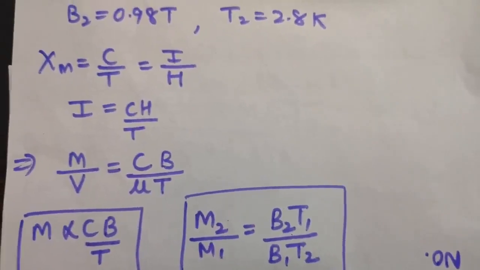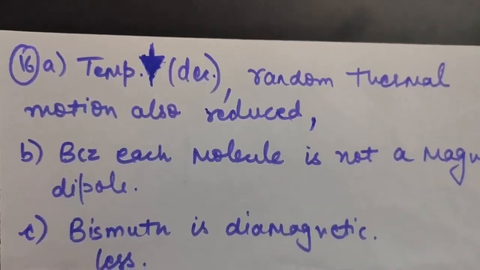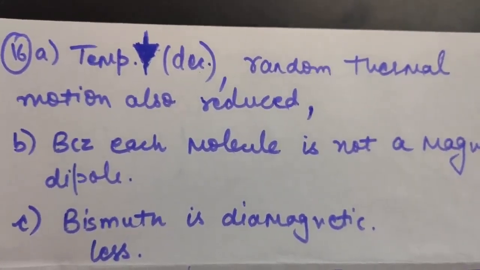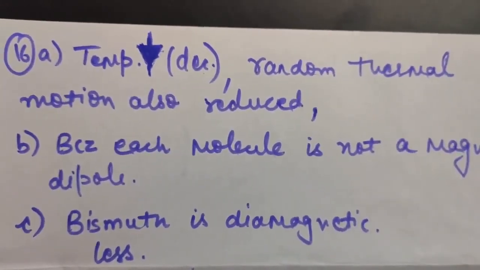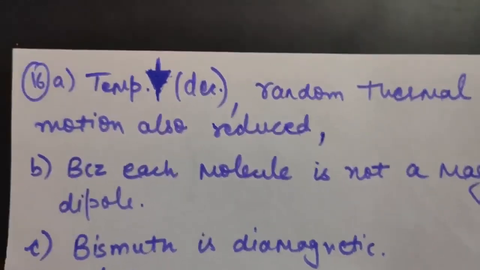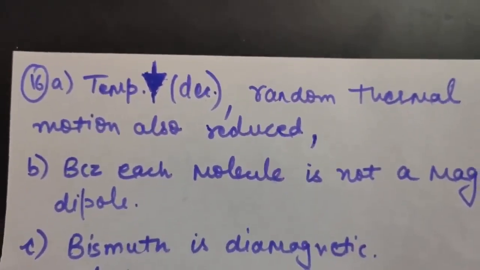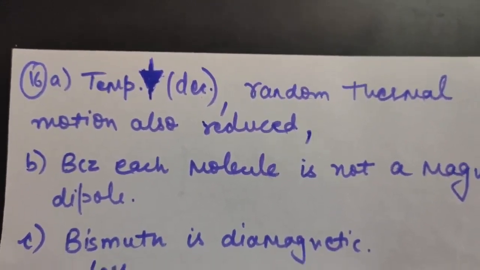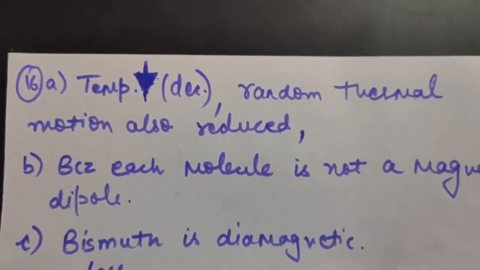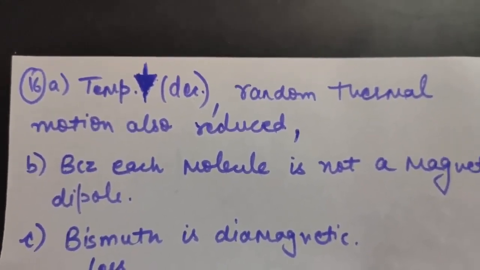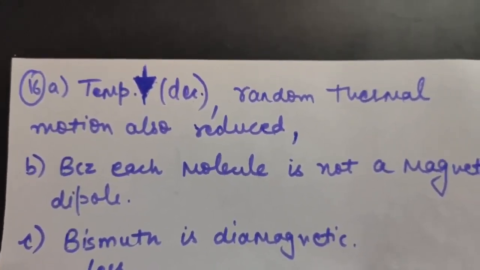Okay, so the next is the 16th question. Its first part says, why does a paramagnetic sample display greater magnetization when cooled? So when temperature is decreased, that means random thermal motion will also decrease. Now, as you know, in a paramagnetic material, each atom has its permanent dipole magnetic moment, but due to their random motion, the net was considered to be zero.